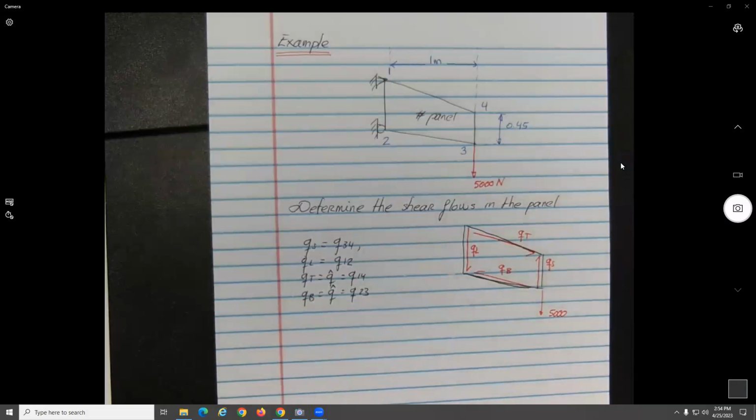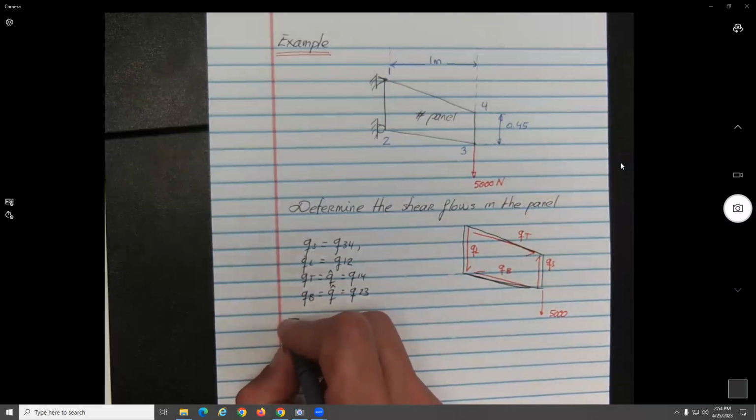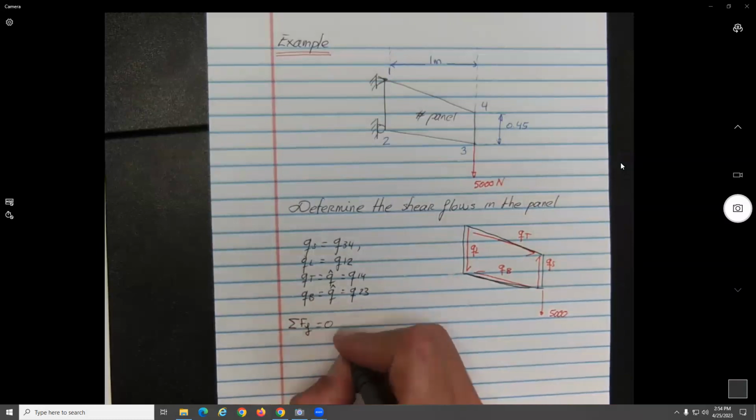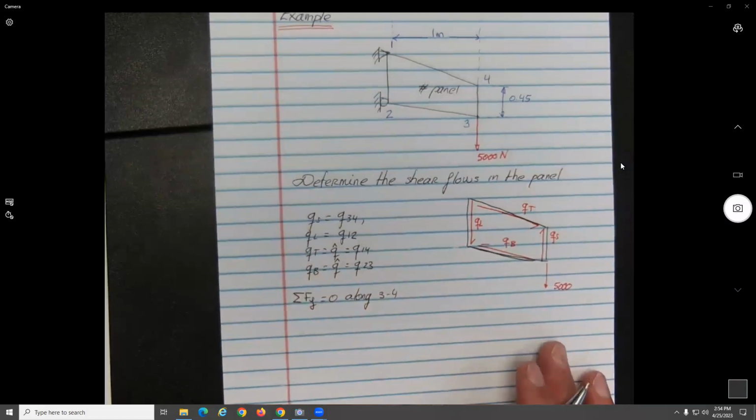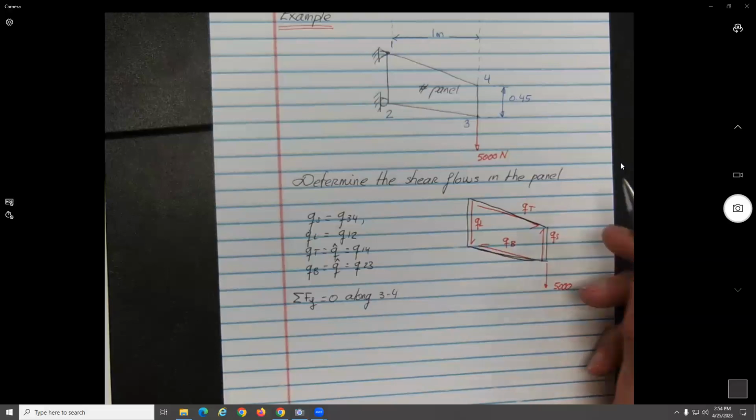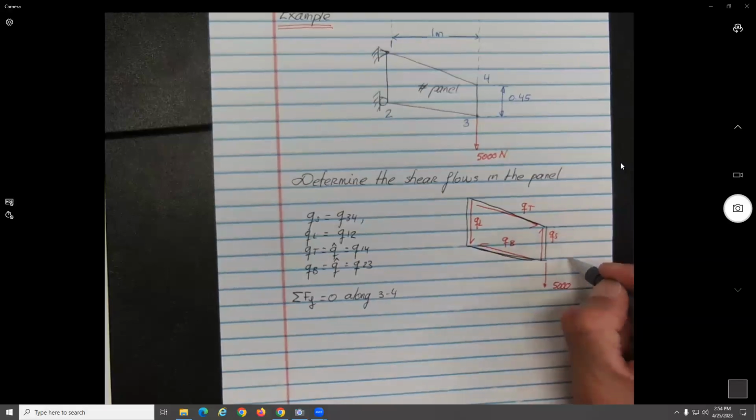How can we find Q short? What would be Q short? No, I mean, that's the way we did it. What member will be carrying this load? The one on this side of the panel, no? So this will be what? What was the length over here?